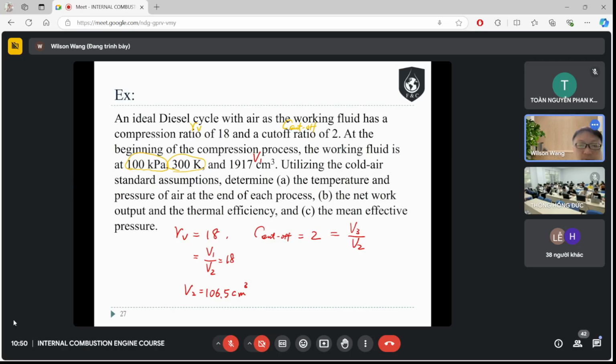Once again, the cutoff ratio is the volume change during the combustion process, which is from V2 to V3. So I already have V2, so V3 is 213 cubic centimeters.